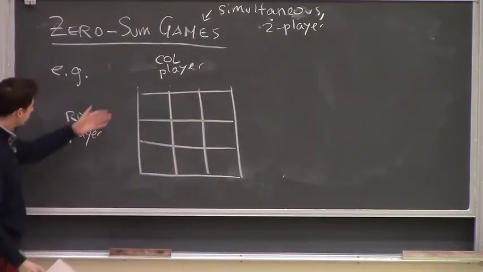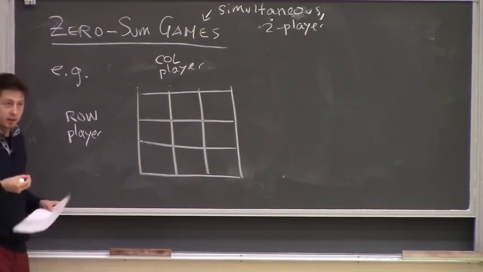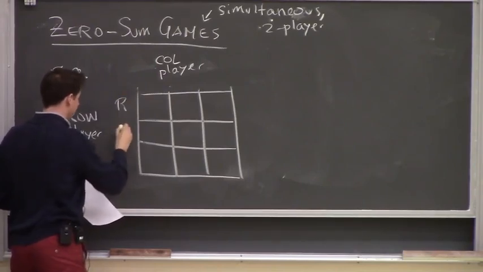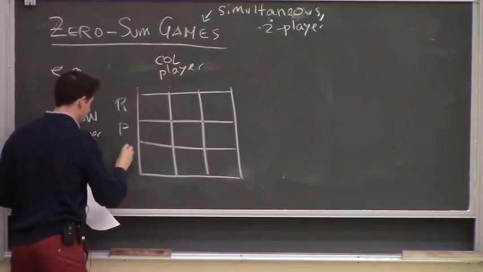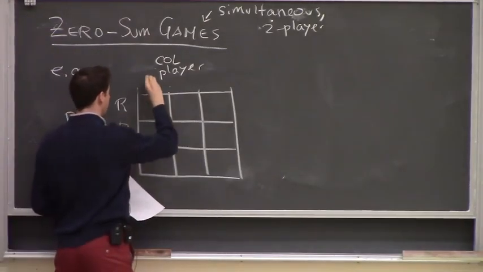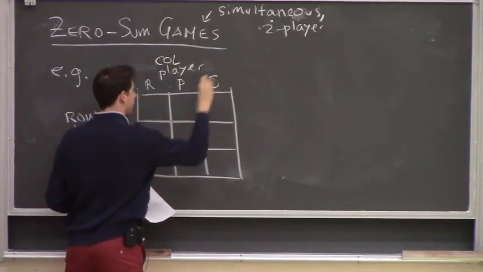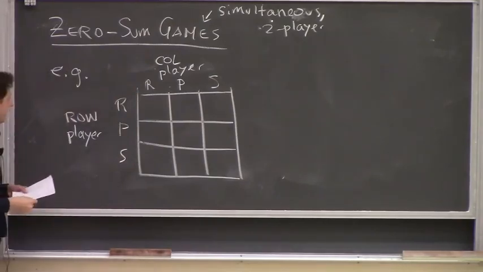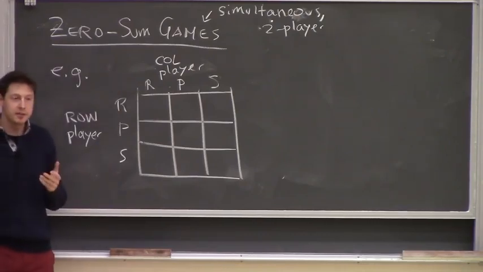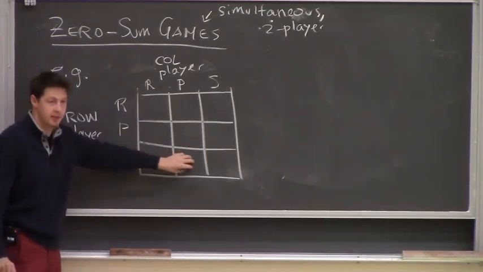We're going to label each row by the strategies the row player can play: rock, paper, or scissors. Similarly, the column player could play rock, paper, or scissors. This only says what the options are for each player. It doesn't say what happens once the players play. That's what we put inside each of the cells of the matrix.